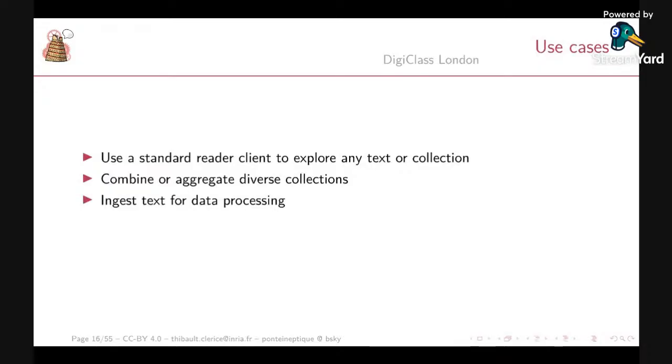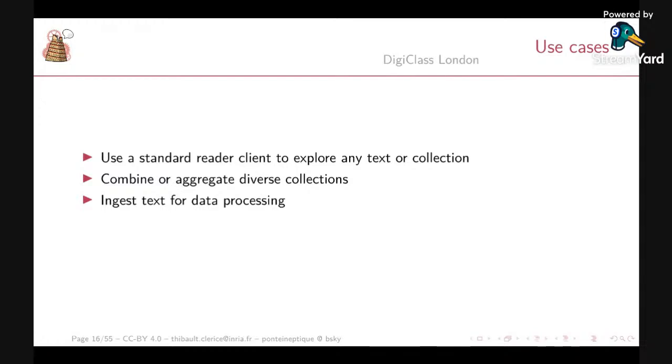3 use cases. In a perfect world, DTS will be able to be used through a standard reader client to explore any text or collections. Obviously, we know it's not true with TEI, but there could be ways to ease that, definitely. In a perfect world, you could also have a centralizing fake DTS API, so a DTS API that connects to other DTS APIs.